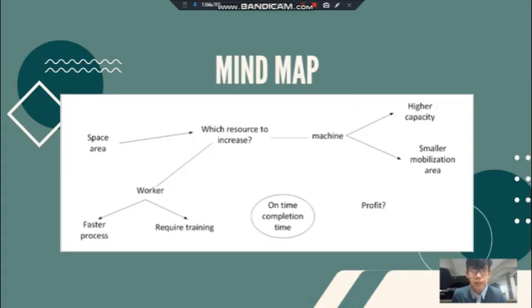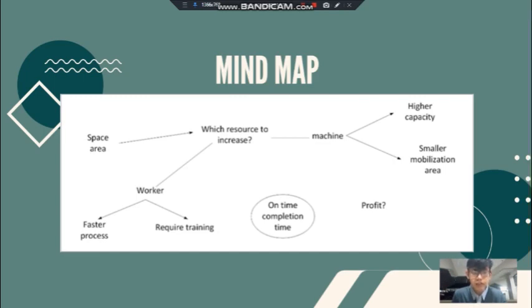The next is the mind map. In the mind map, the decision we want to make is which resource to increase. Here we have two options. First is to increase the number of machines, and second is to increase the number of workers. By increasing the number of machines, the consequences are that it can increase the capacity and make the mobilization area smaller.